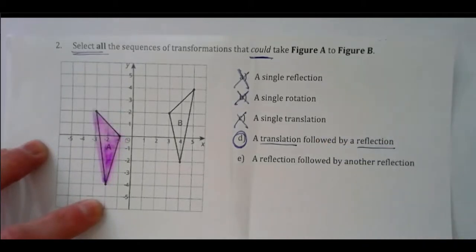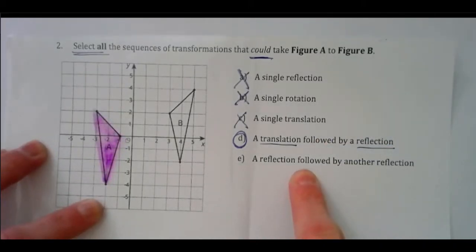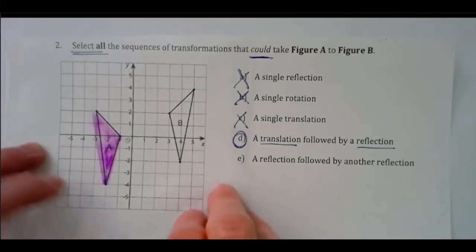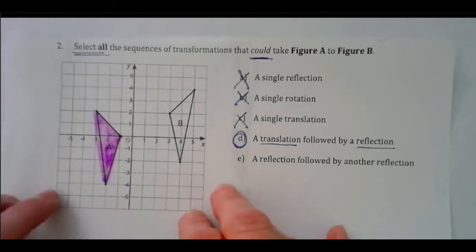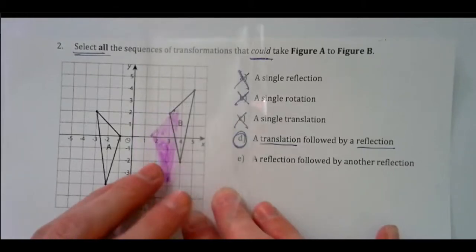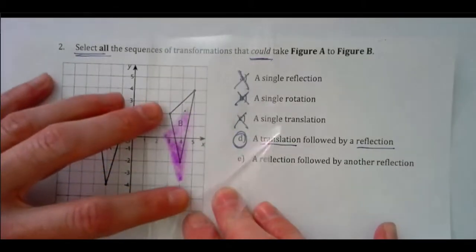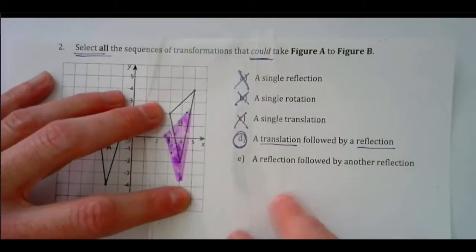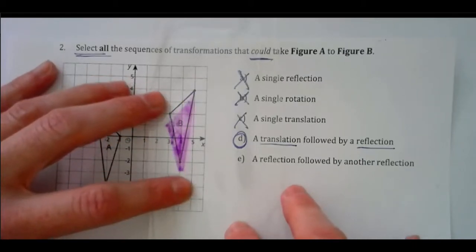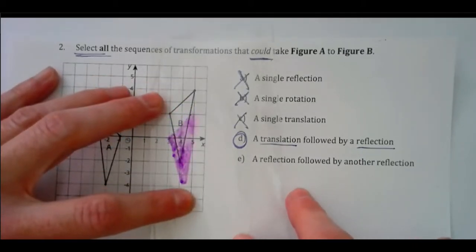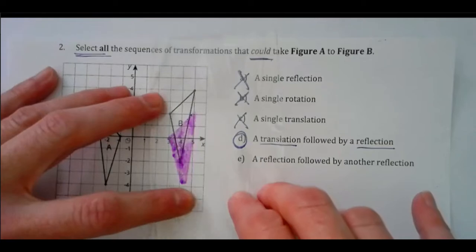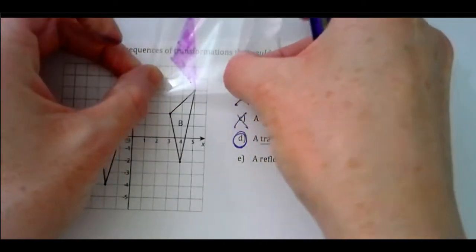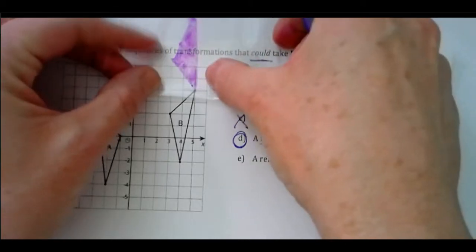So now let's look at E. A reflection followed by another reflection. Okay. So if I were to reflect to the right, I would then need to translate up. If I reflect to the right and then I try to reflect again, I'm not lining up.